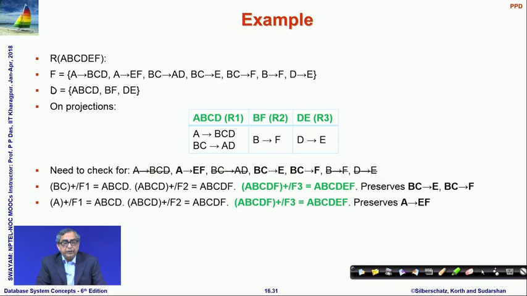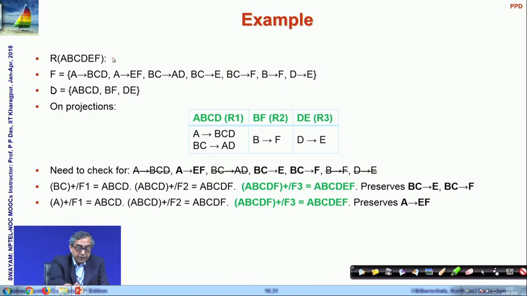I show you two different methods of doing this. Here we have a set of attributes given, the dependencies that hold on them, and a particular decomposition. Given the set of attributes and the decomposition, if we project the set of functional dependencies, then these are the sets that we get.